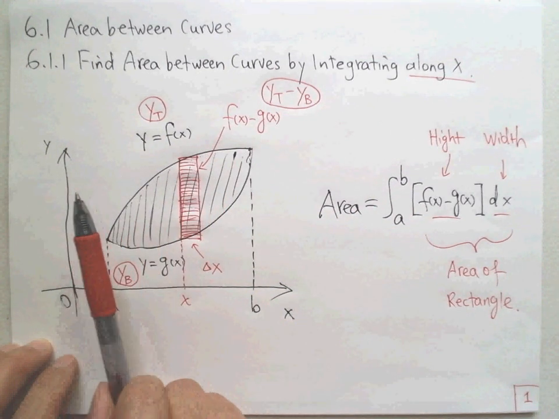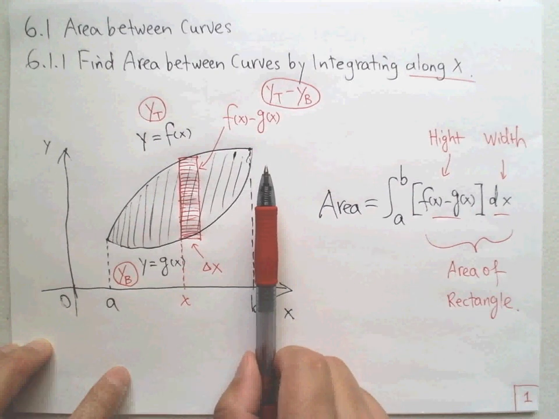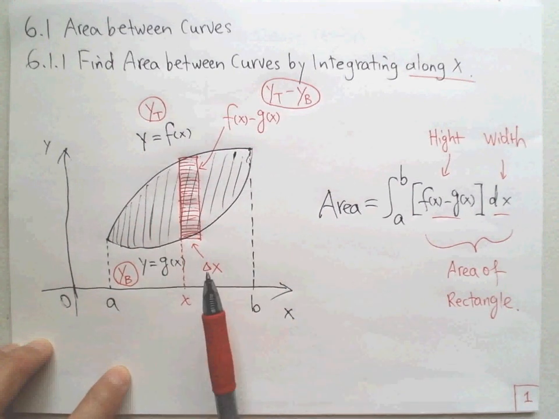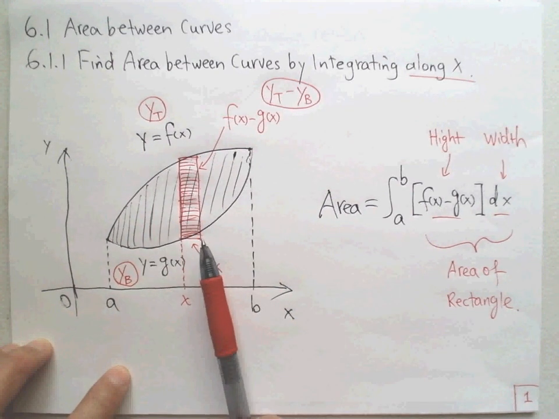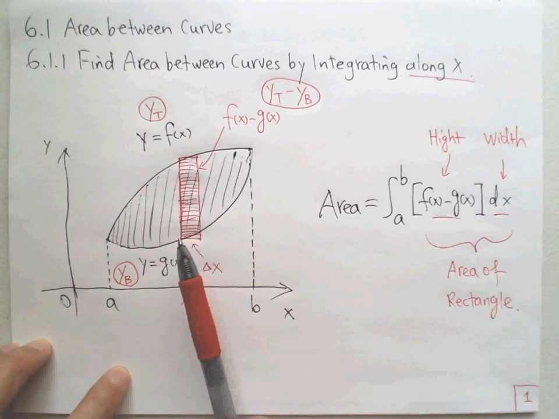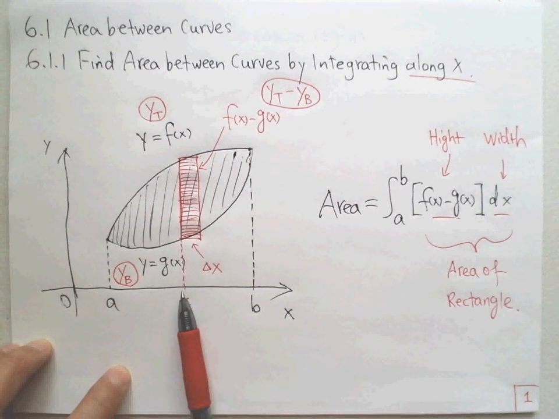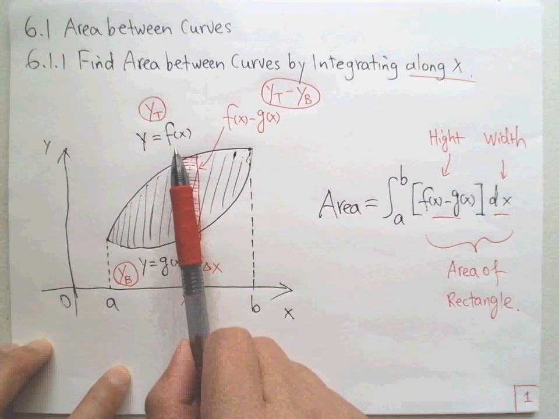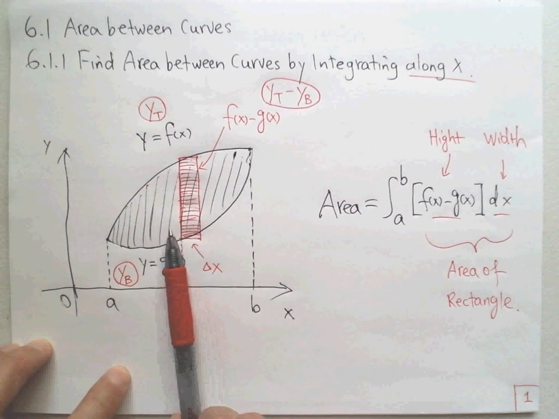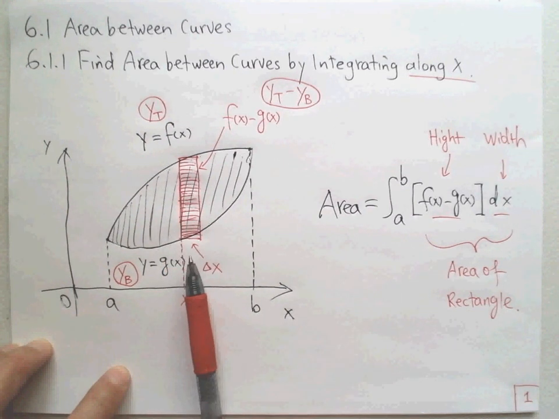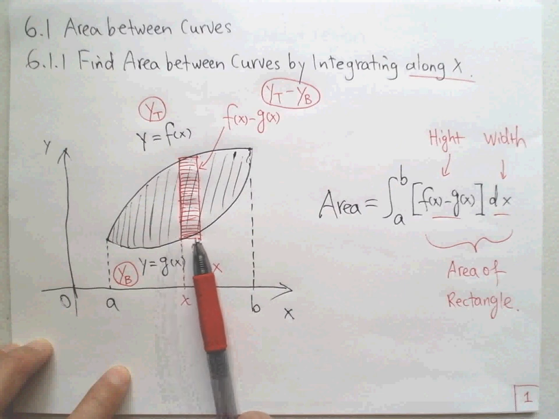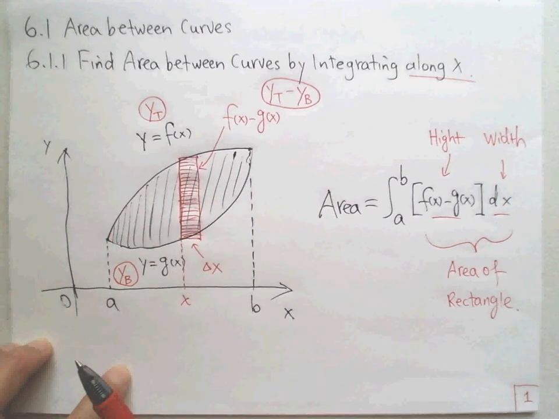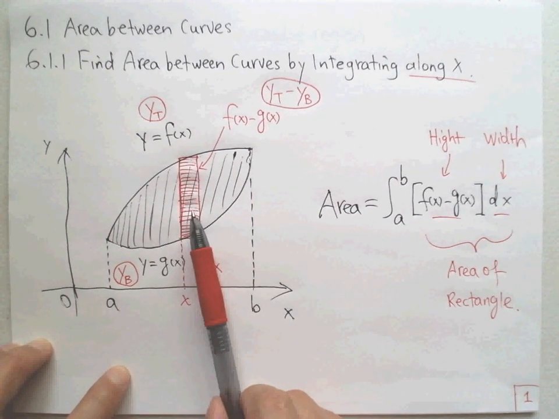How to do it? We cut into pieces. In this graph I show one piece, a rectangle. Suppose the bottom is at x. We cut one piece and extend a little bit. We call the increment delta x, and then we find the rectangle. We can easily find the area of this small rectangle.